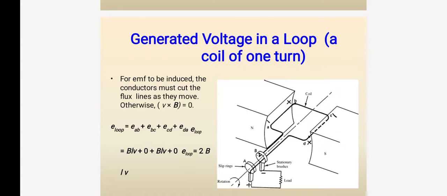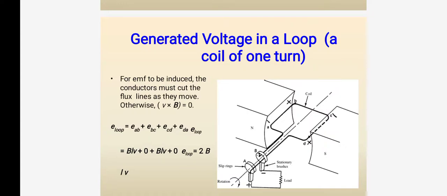For EMF to be induced, the conductor must cut the flux lines as it moves. Otherwise, V cross B is going to be 0. So E loop equals EAB plus EBC plus ECD plus EDA. We have seen in our diagram the sinusoidal waveform.